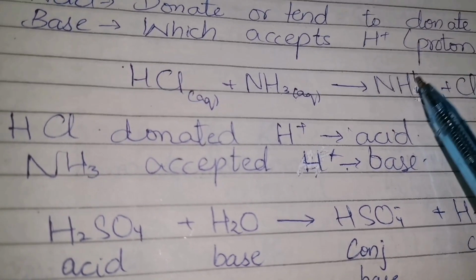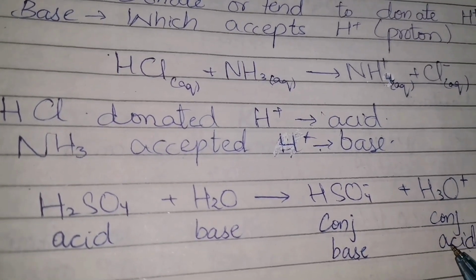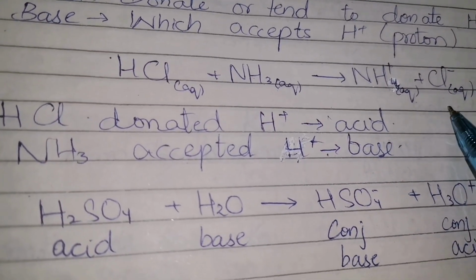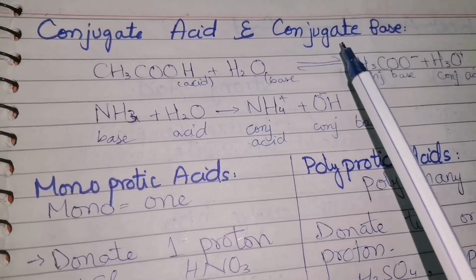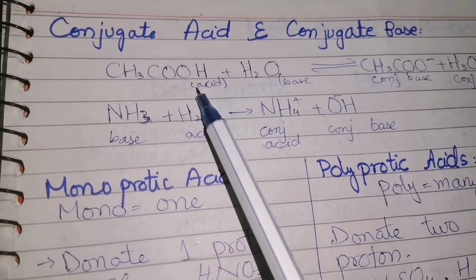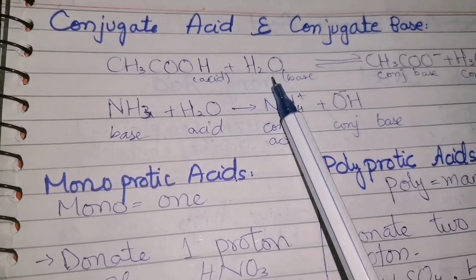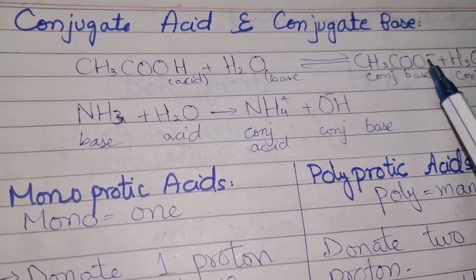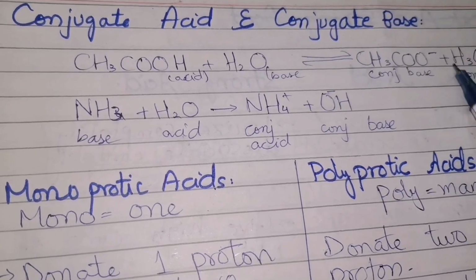Similarly, in this example, the positively charged species will be the conjugate acid, and the negatively charged will be the conjugate base. Here, have a look at this reaction. Acetic acid reacts with water and forms CH3COO negative, the acetate ion, and H3O positive, the hydronium ion.